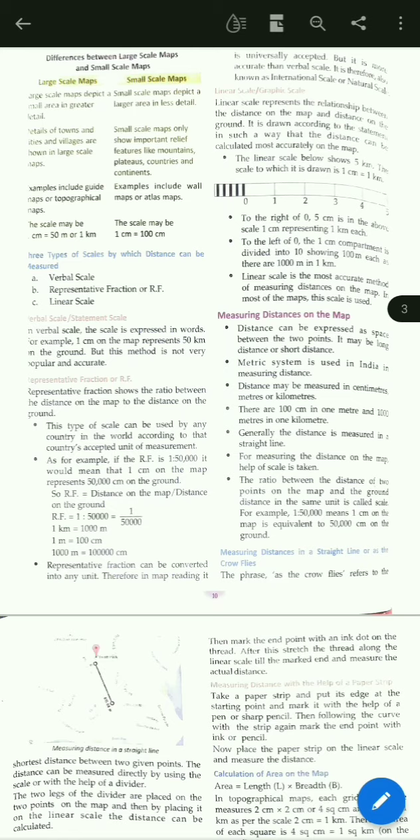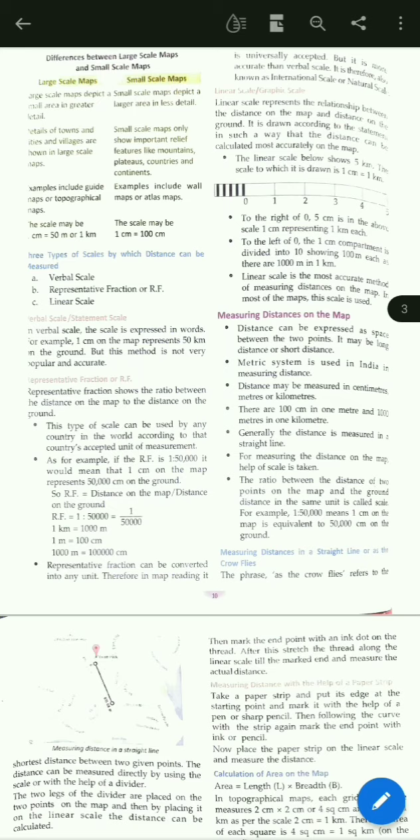So it represents the distances in the most accurate way, and the accurate distance can be measured on the map.